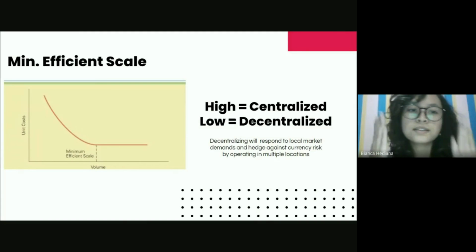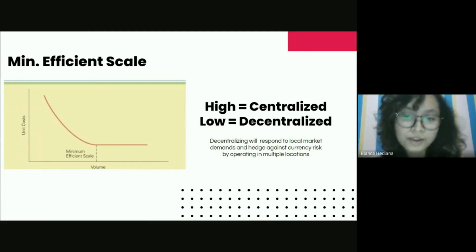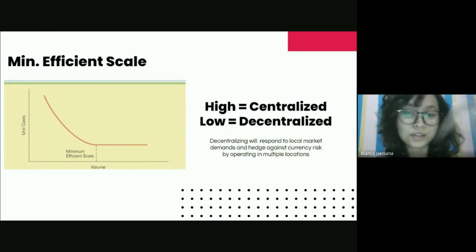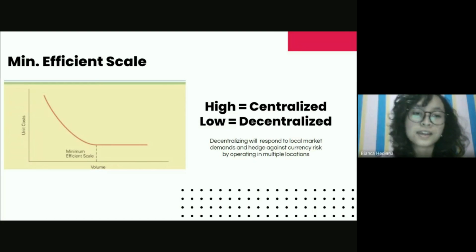So this is the curve that you can see right now. When the volume increases, the unit cost will decrease, and that's where we are going to find the minimum efficient scale. The larger the minimum efficient scale of a plant relative to the total global demand, the greater the argument for centralizing production in a single location or a limited number of locations.